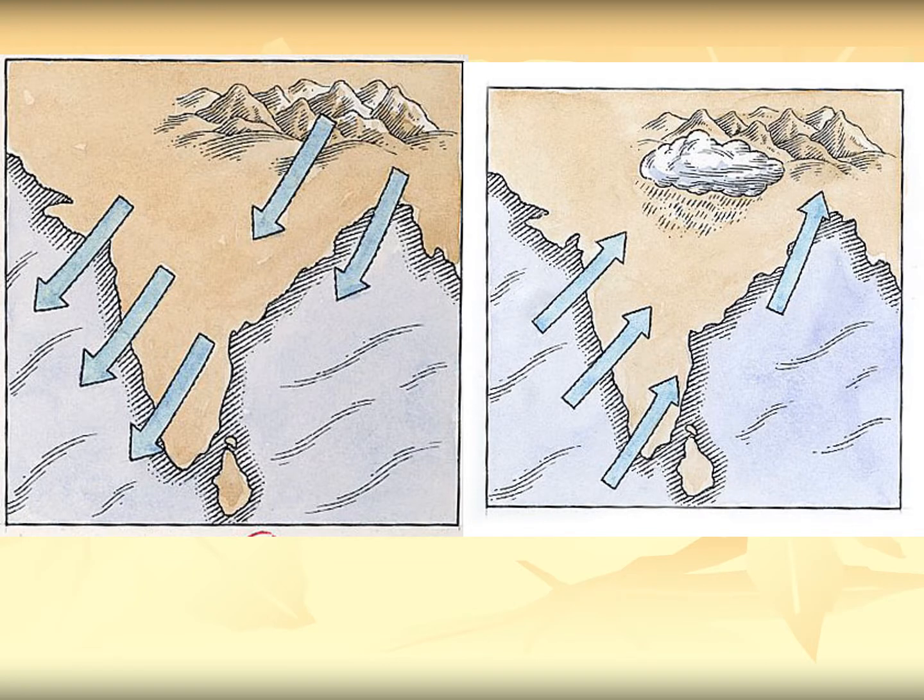So looking at these two slides, on the left we have a depiction of monsoon winds coming out of the mountains, and on the right we have one coming off the water. So in the chat, is the left a winter or summer monsoon?